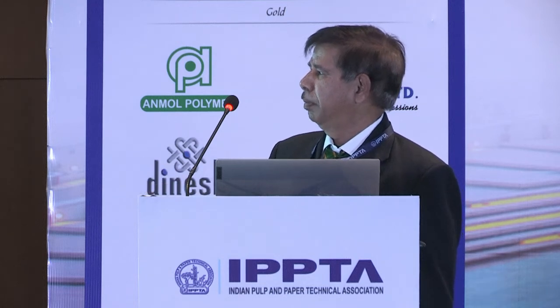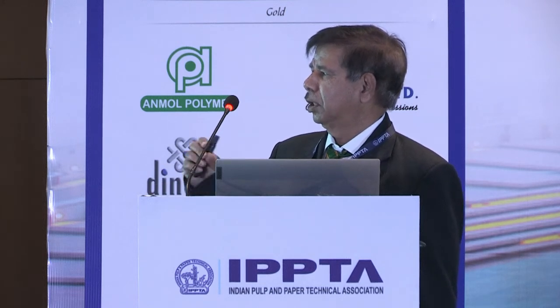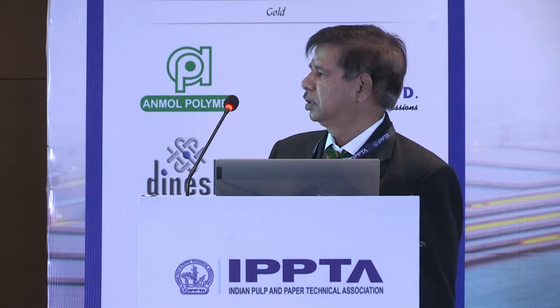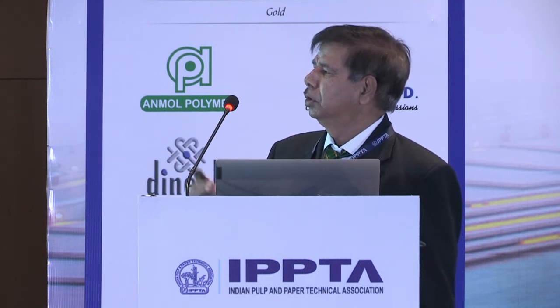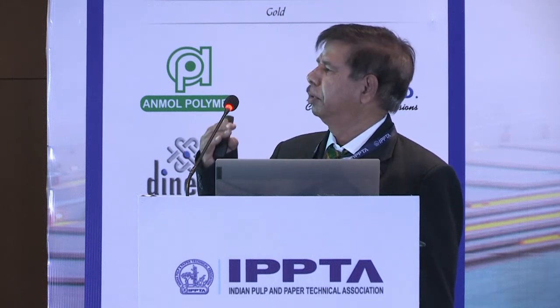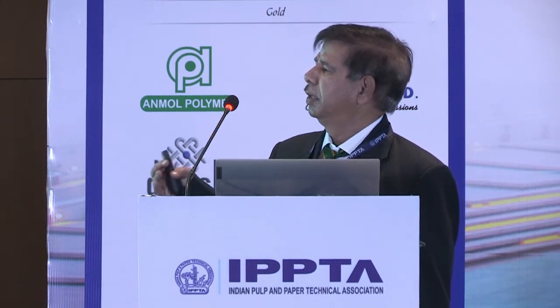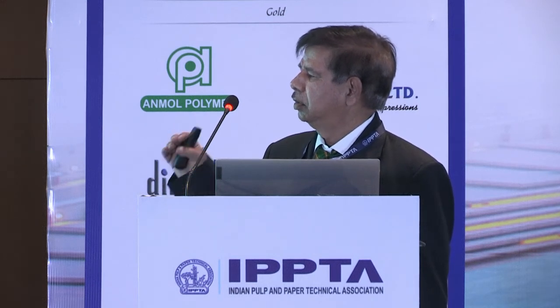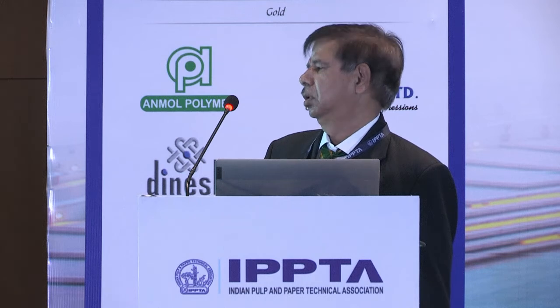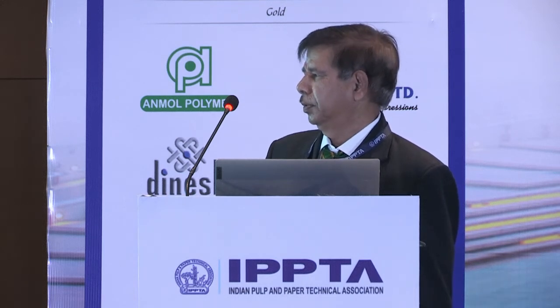Whereas for barrier coating papers, the Cobb value should be very low, less than 10, and this barrier coating should prevent moisture, water vapor, oil, grease and any other vapors which affect the food quality.